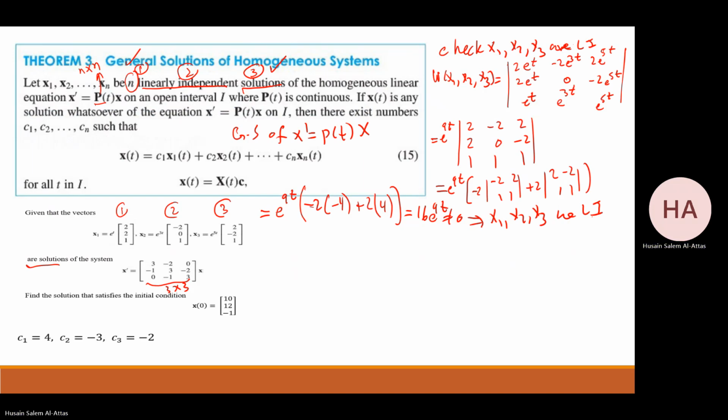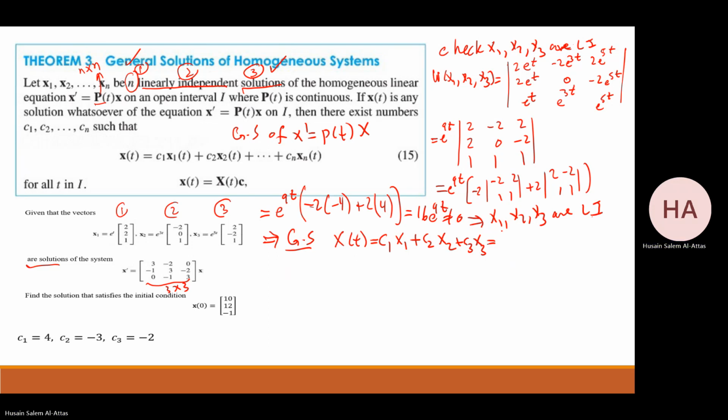That means these are linearly independent. So the general solution x of t will be c1 x1 plus c2 x2 plus c3 x3, and that is the general solution.